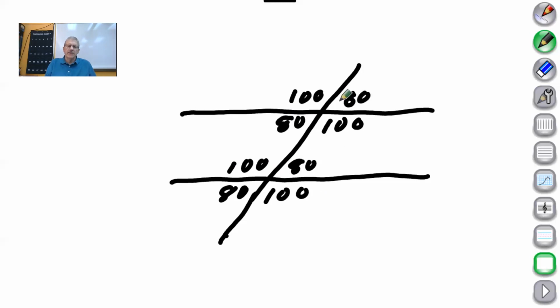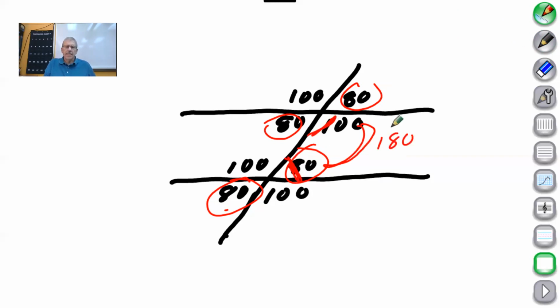It's a little bit easier to see when you actually put numbers in here that these are kind of snaking their way around here, and you've got your angles, okay? But one other interesting thing is if you take a look at these two angles right here, this one and this one, you can see they equal 180.